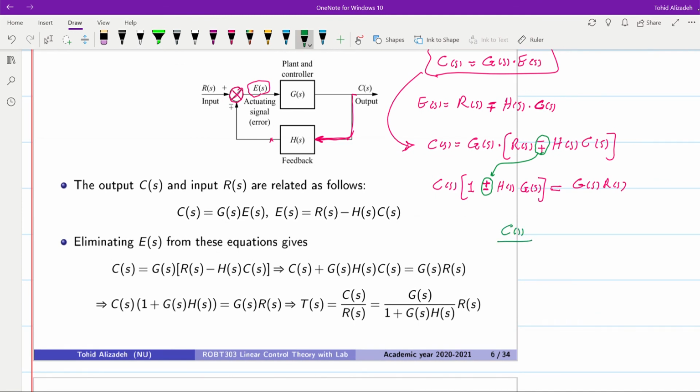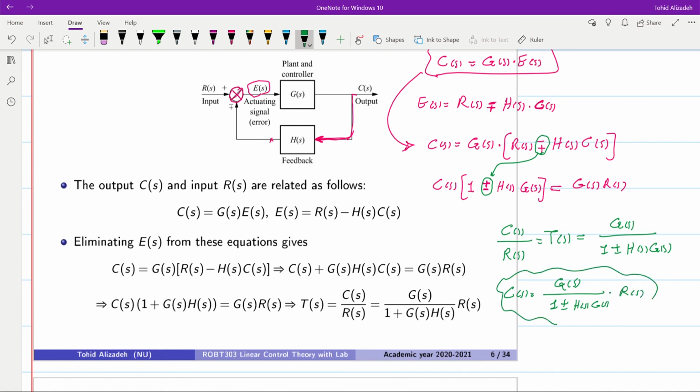And now we can say that C of S over R of S, which is basically the transfer function that we have for the whole feedback loop, will be equal to G over 1 plus minus H times G. Or in other words, C will be equal to G over 1 plus minus H times G times R of S. It's particularly important, again, to keep in mind the sign convention that we have here.